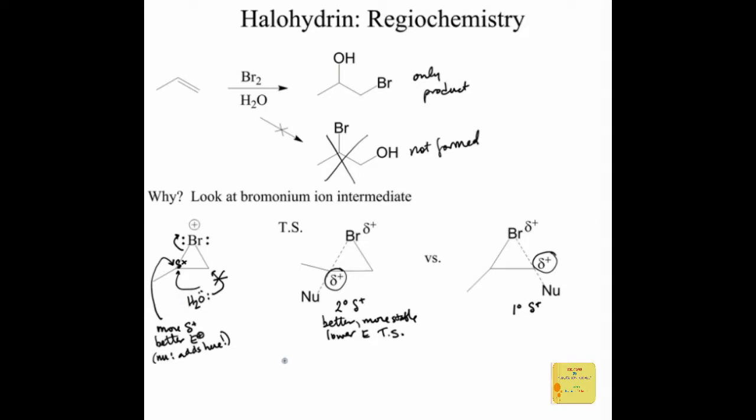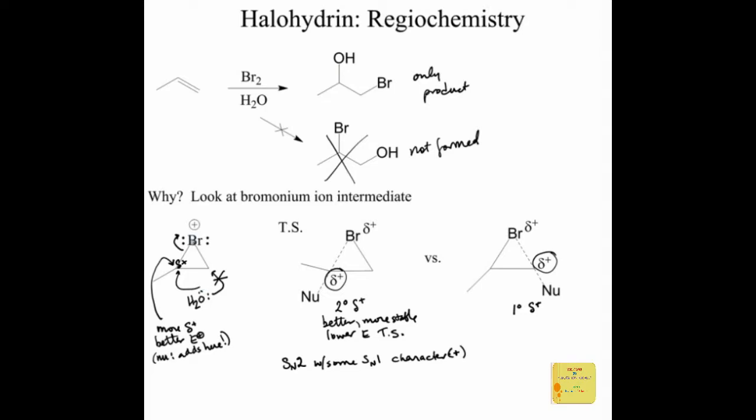We describe this as an SN2 with some SN1 character. And the reason it has some SN1 character is because of the positive charge. Because we do not have just a neutral electrophile being attacked. It's not a plain old SN2.